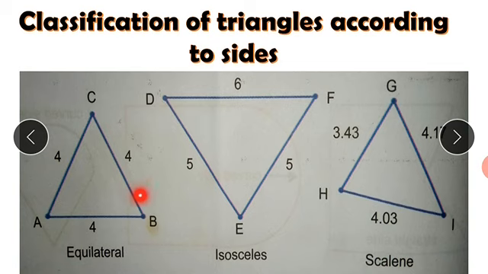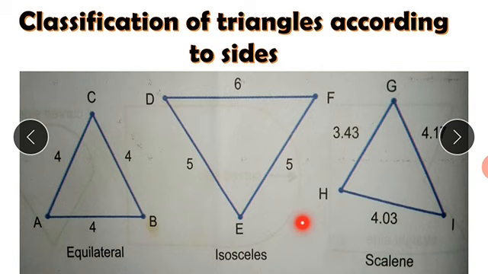While an isosceles triangle has two sides of the same length. So the two sides of this triangle are the same. Then this is an isosceles. Okay, equilateral, all the sides are the same in length. Isosceles, two sides are the same in length.